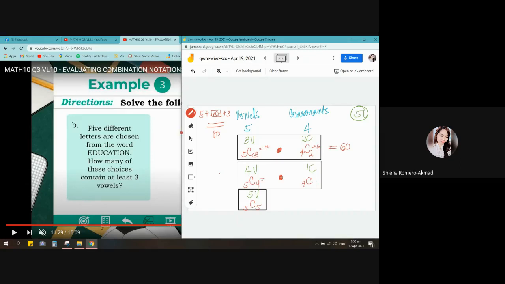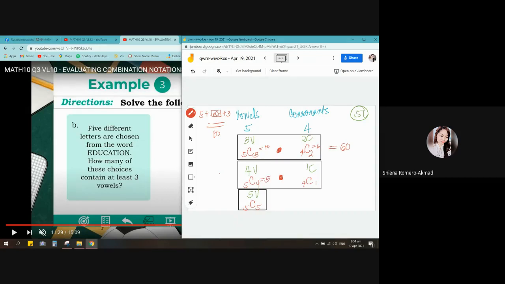What is the equivalent? Some answered 1, but when we check 5C4, the answer is 5. So that would be 5.